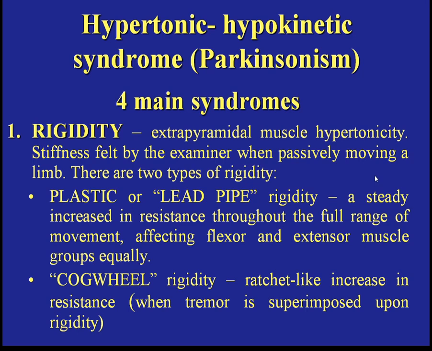Do you remember one more type of muscles hypertonicity? Spasticity. Spasticity patients can have in case of pyramidal system upper motor neuron pathology. Do you remember clinical characteristics of spasticity? When we check the muscle tone, we have clasp knife phenomenon.